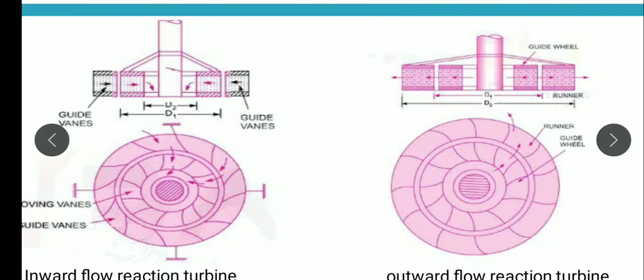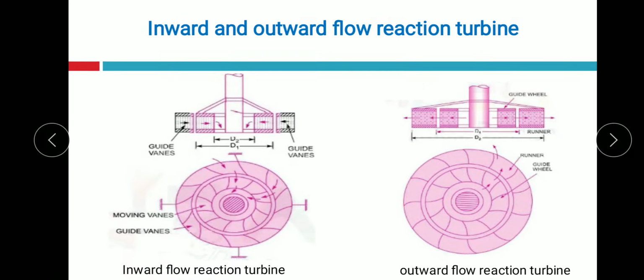If you take the d1 and d2 values wrong, your problem will definitely be wrong. d1 is the outer diameter in case of inward flow reaction turbine, whereas in case of outward flow reaction turbine, d1 is the internal diameter. d2 is the internal diameter in case of inward flow reaction turbine, whereas d2 is the external diameter in case of outward flow reaction turbine. Please remember this point, that is a very important point.